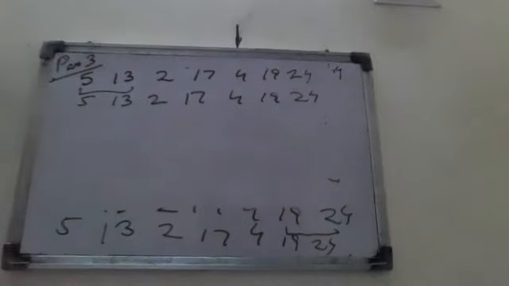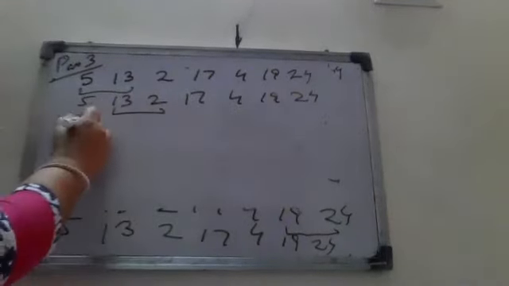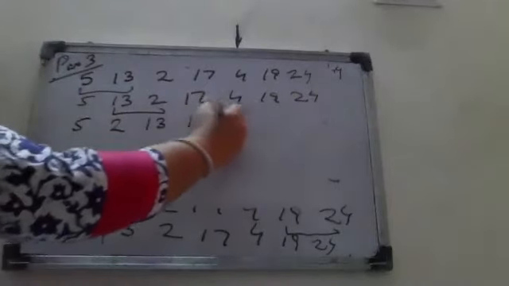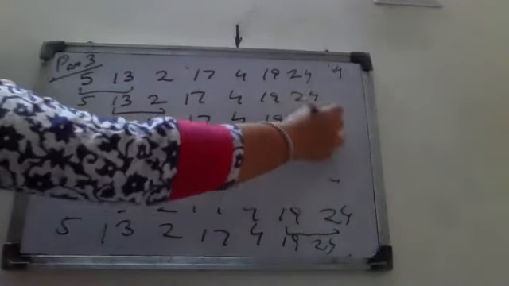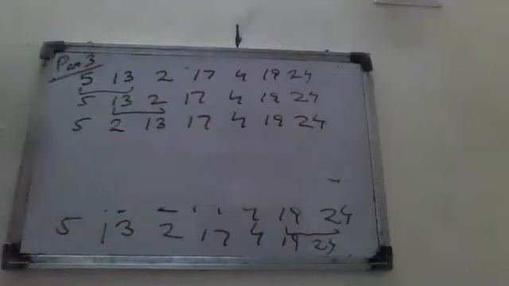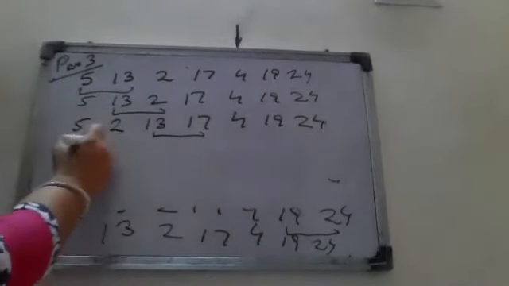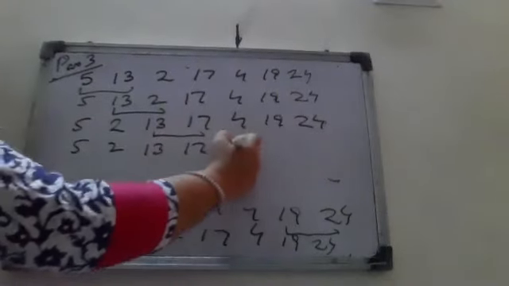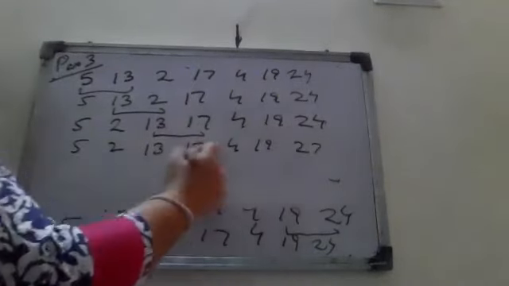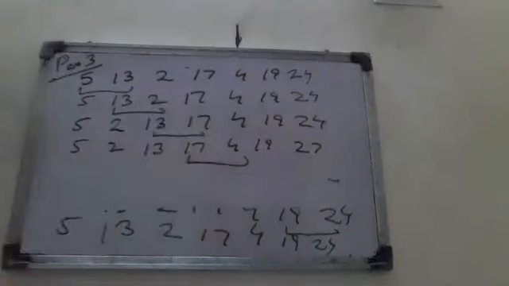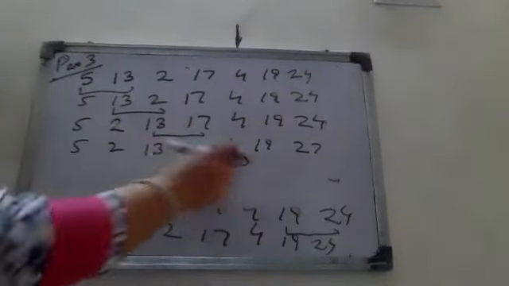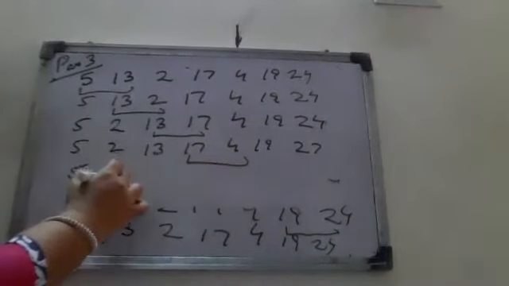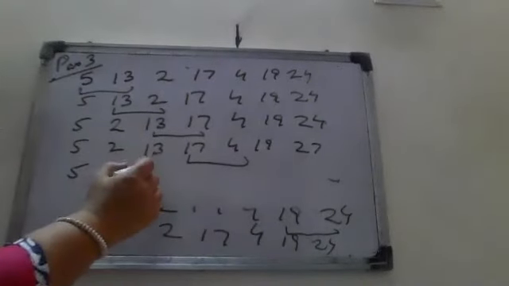So this remains the same. Then 13 to 5, 2, 13. Now we have to compare this. This again remains the same because it is already in ascending order. Now we have to swap this because it is in descending order.